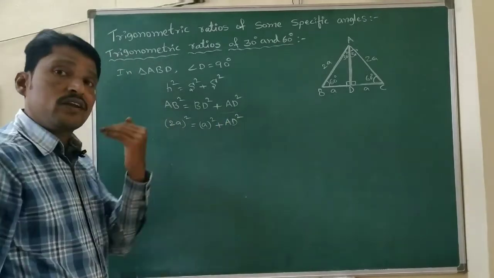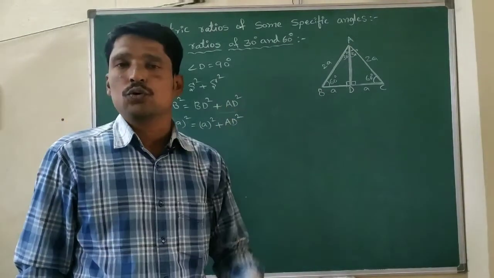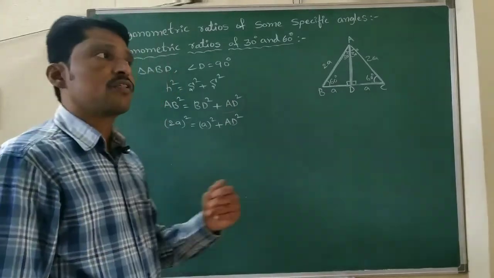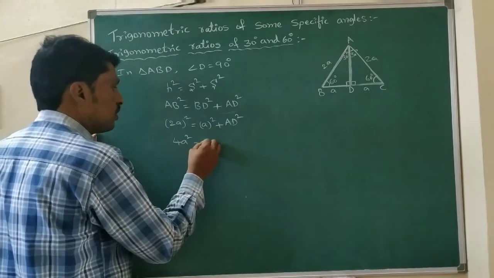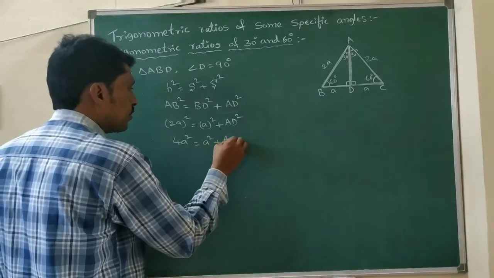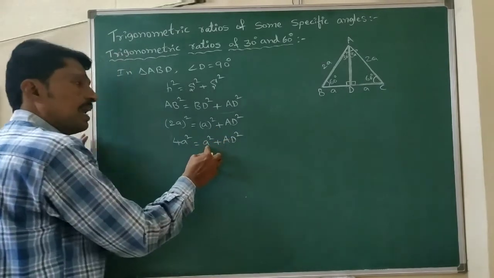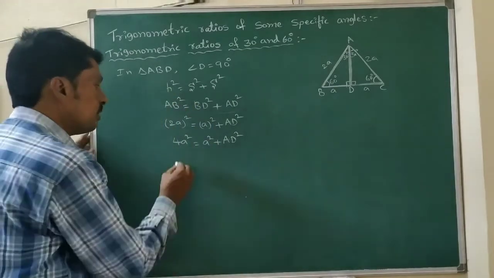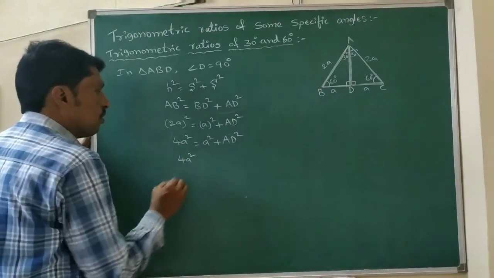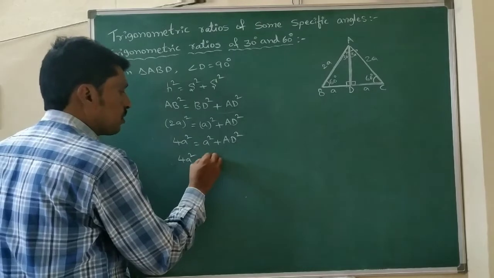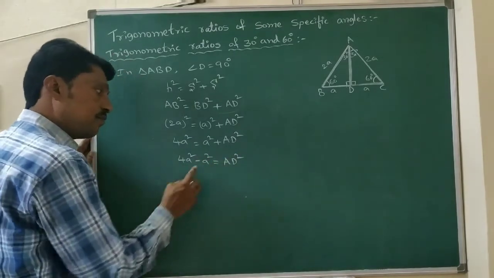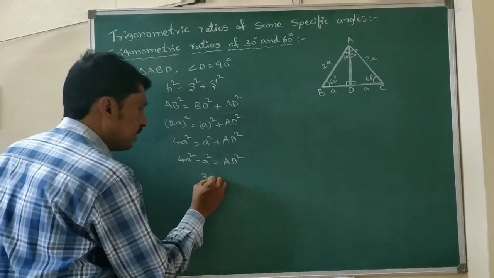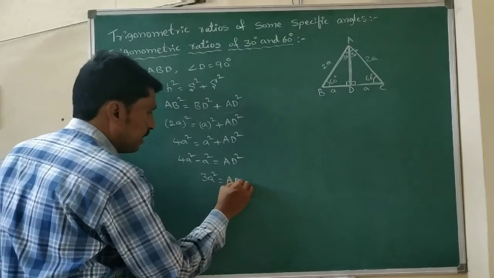So 2a whole square means 2a into 2a, that is 4a square. 4a square equals a square plus AD square. This a square we can transpose to the left side. Transposing, 4a square minus a square equals AD square. 4a square minus 1a square is 3a square equals AD square.